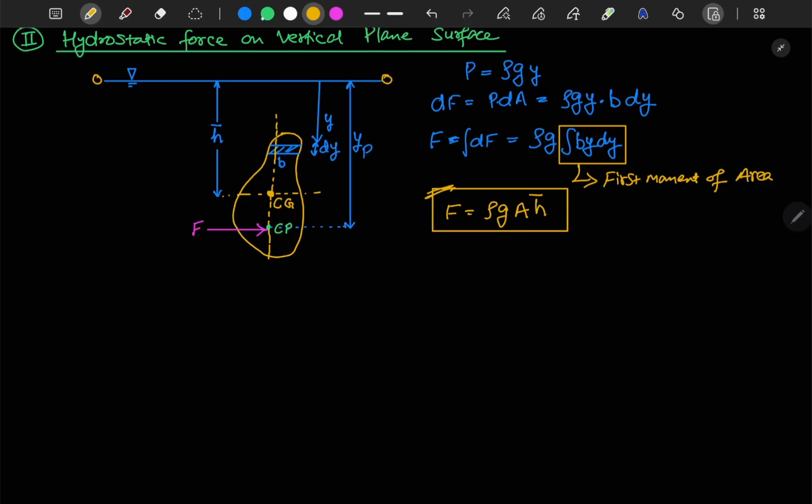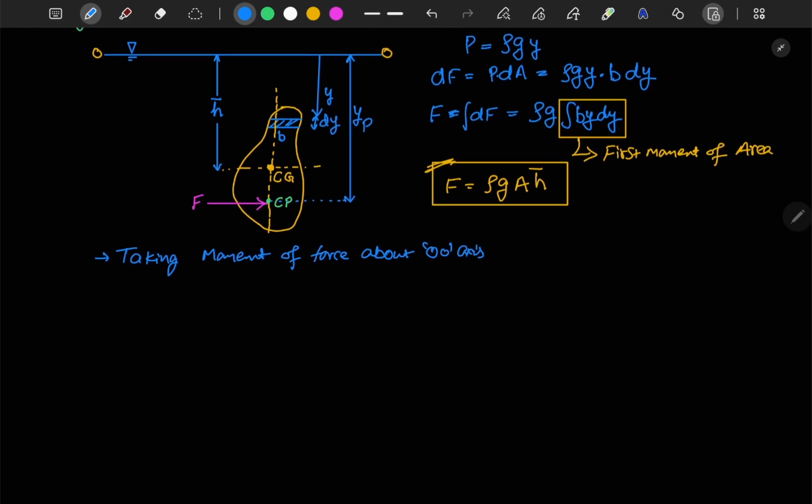Okay, so taking moment about the OO axis, what we will get from here, your dM will be given by dF times y.